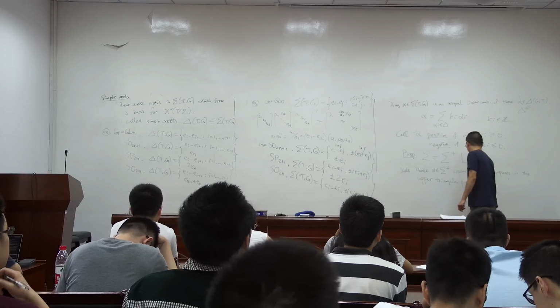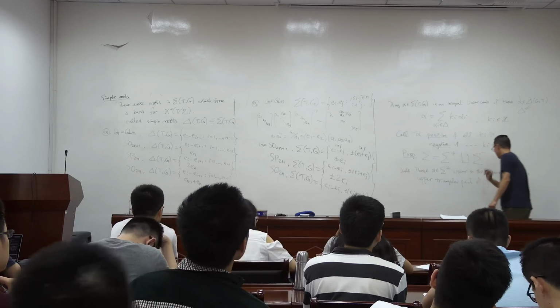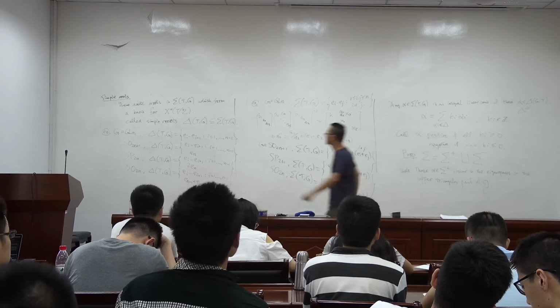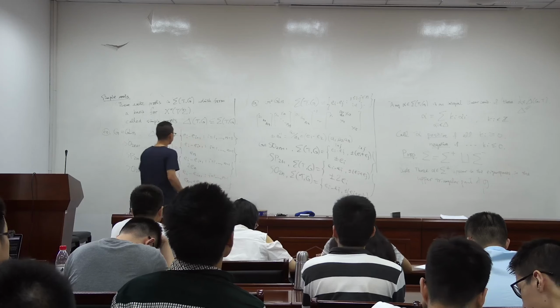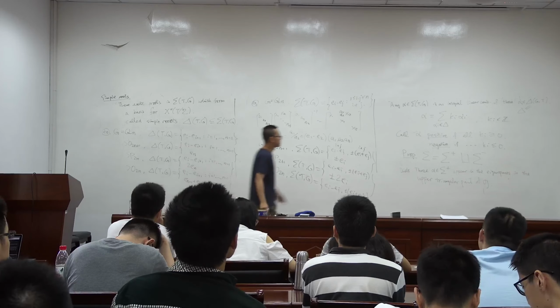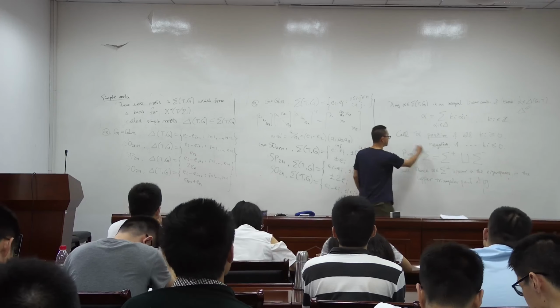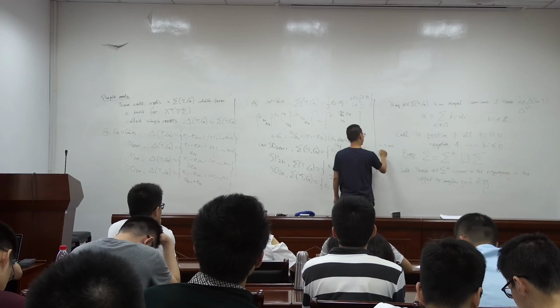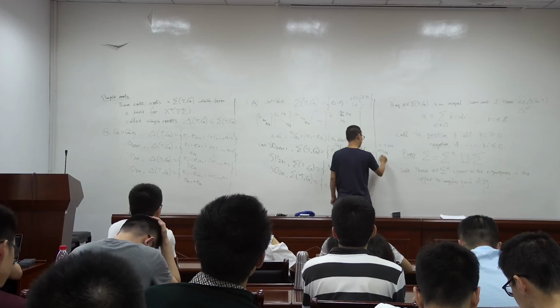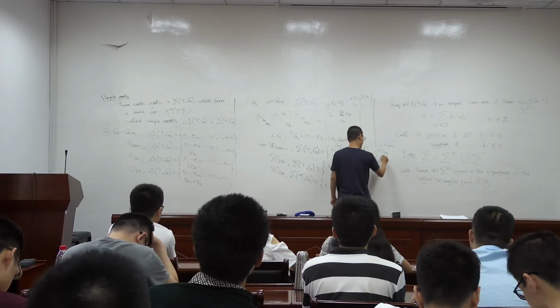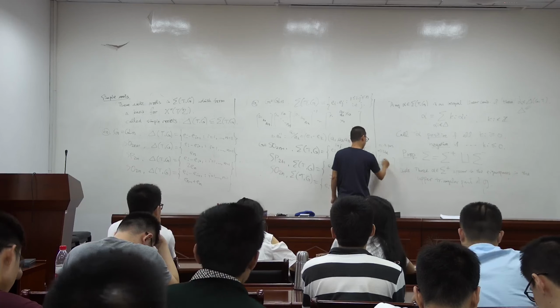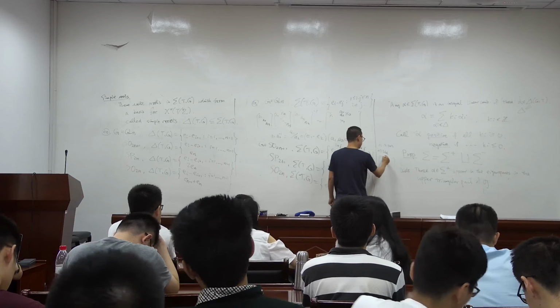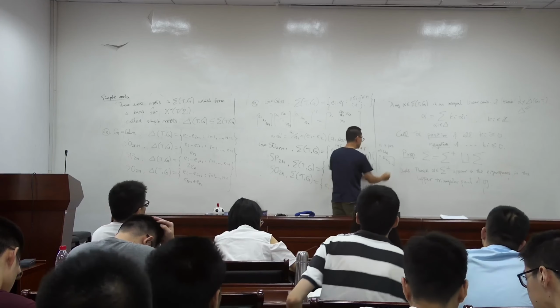So that means if alpha is a positive root, then this U_alpha appears as an eigenspace, if you write the group in matrix form, somewhere here.